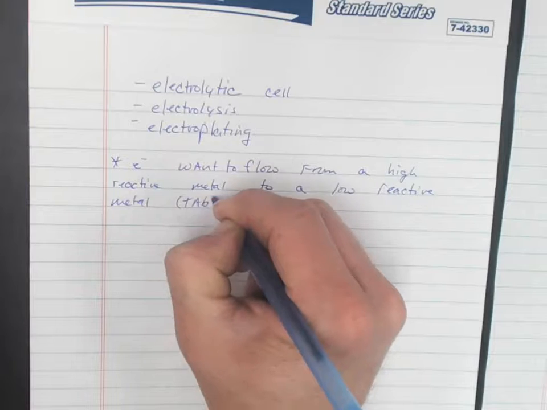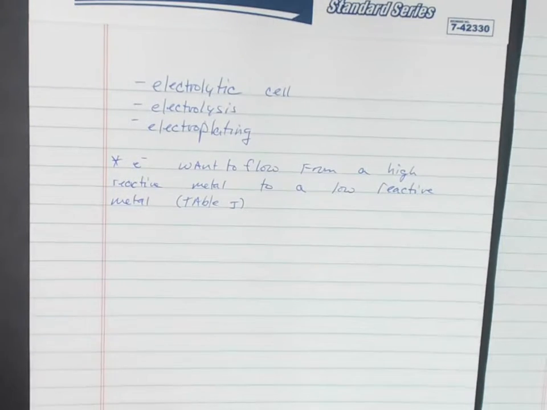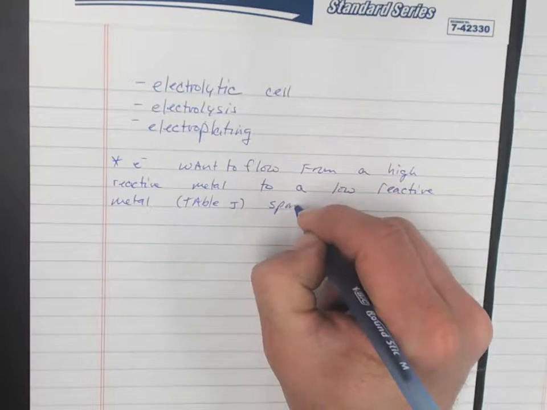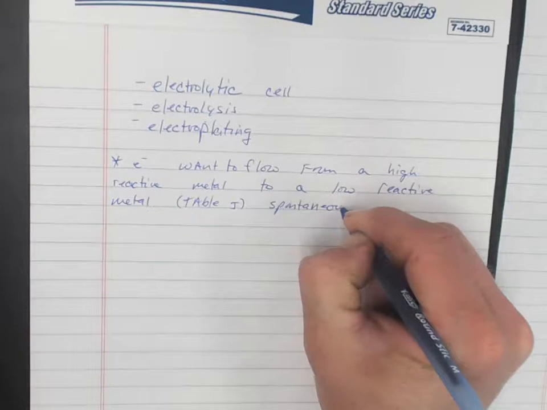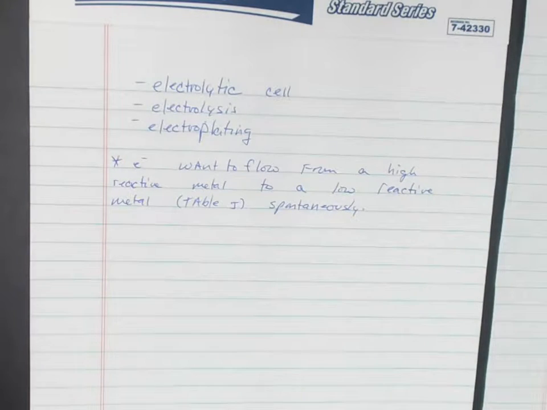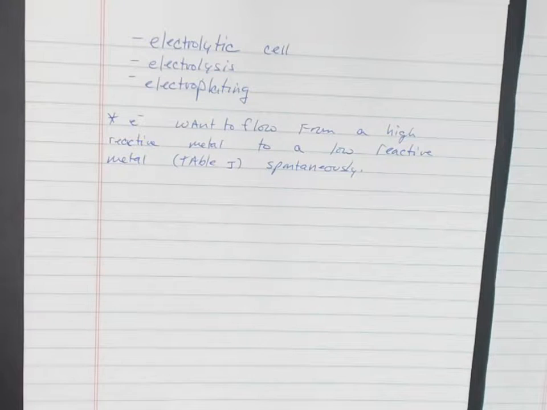Again, we use table J to see which one is high, which one is low. And they want to do so spontaneously. And we use the analogy that water tends to run downhill naturally on its own. You don't have to pump it. It just runs downhill spontaneously because of a force called gravity.